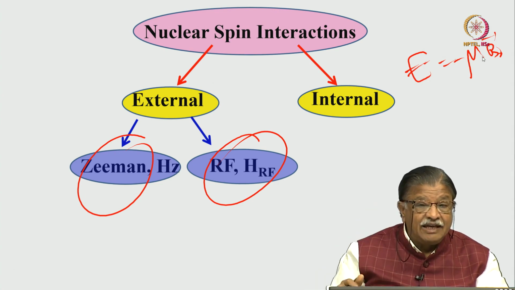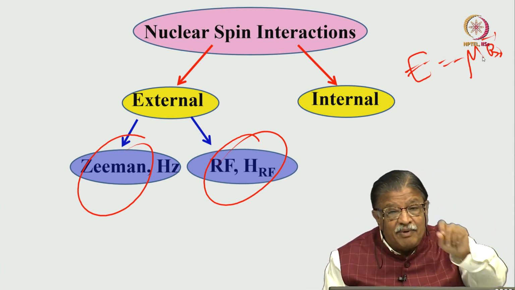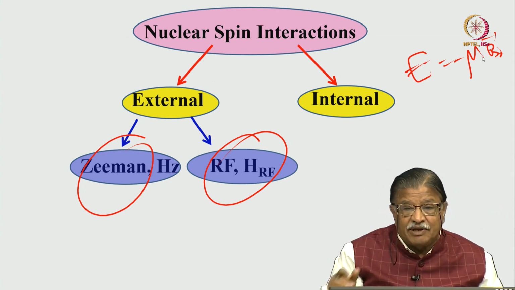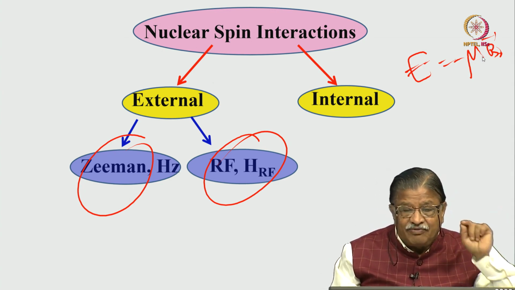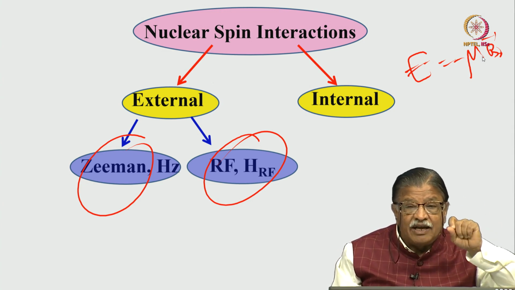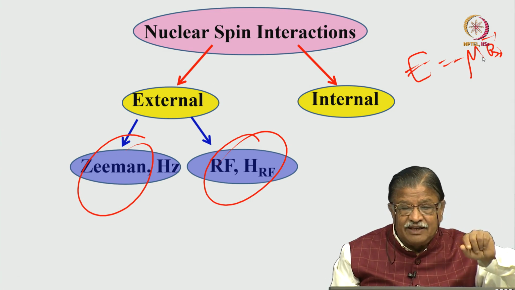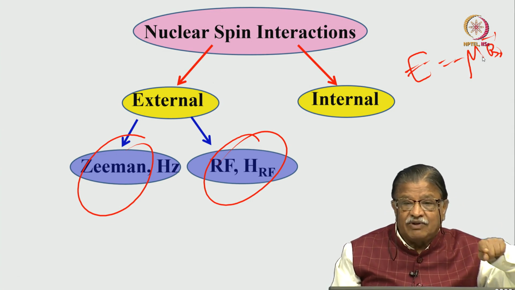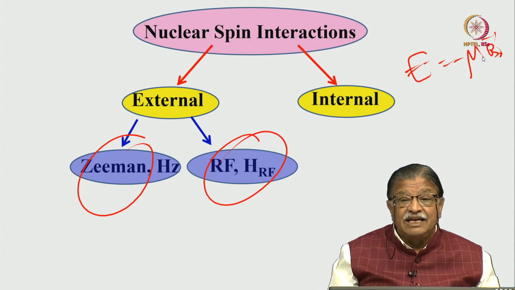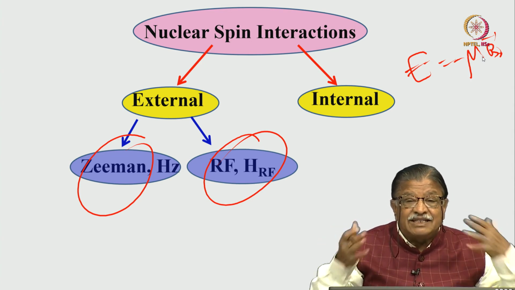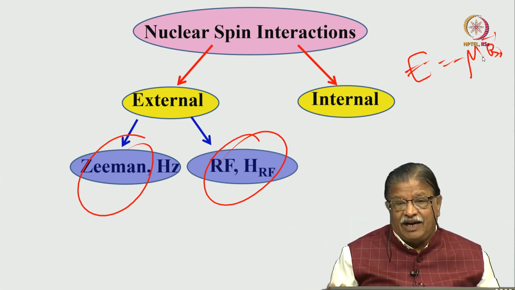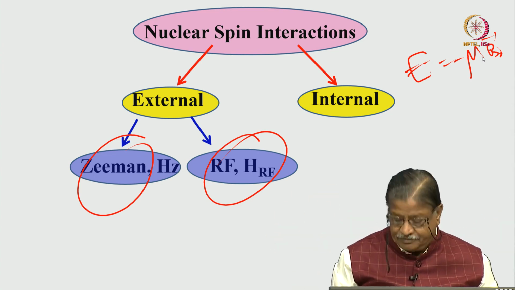Interaction of magnetic moments with an external magnetic field is a basic requirement to see NMR. If mu is 0 because I is 0, then there is no NMR. So, one of the important interactions is the Zeeman interaction, an external interaction.